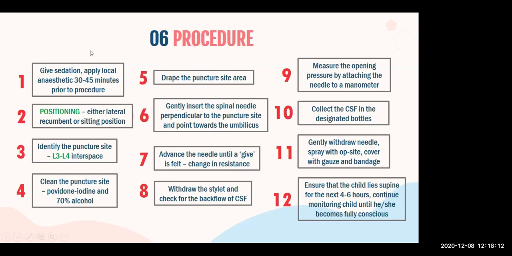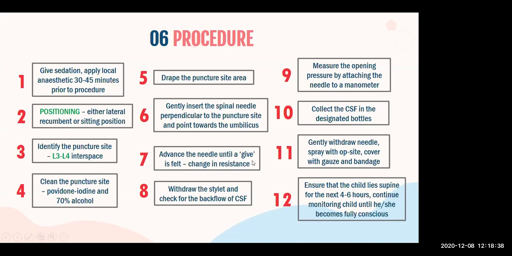And then for the insertion of the needle, we gently insert the spinal needle perpendicular to the puncture site and pointing towards the umbilicus. And then how far do we need to advance the needle? According to my research, we need to advance the needle gently in order for us to detect the change in resistance.